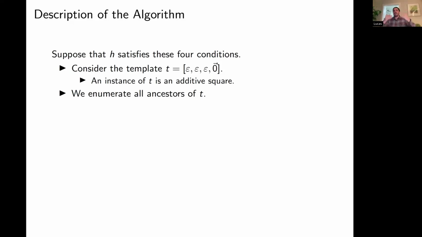We enumerate all of the parents, all of the grandparents, until basically our set closes off. We know there's only finitely many choices for this vector in our ancestors, and only finitely many choices for these letters or epsilon, so there's only finitely many possible ancestors. So eventually we'll find them all if we just keep taking parents.